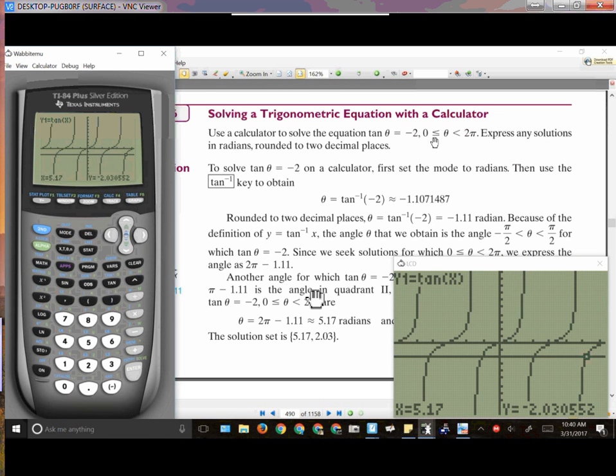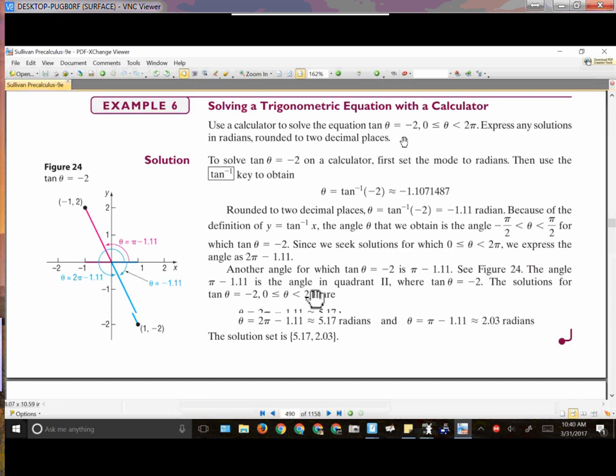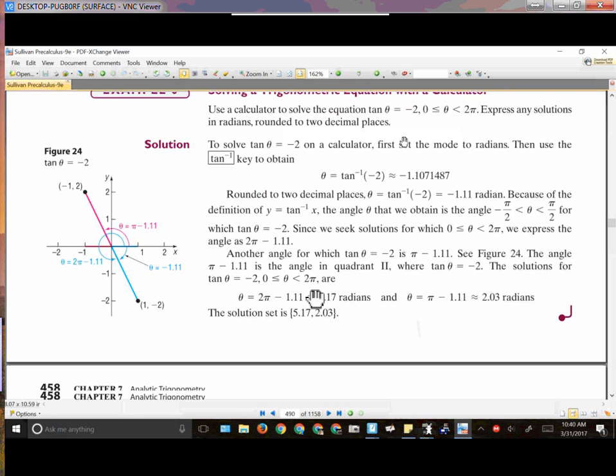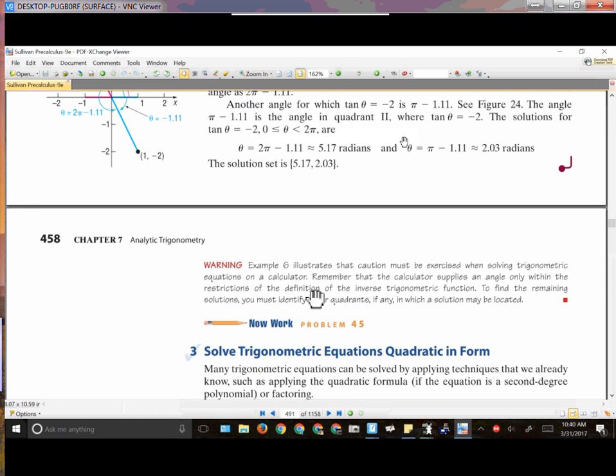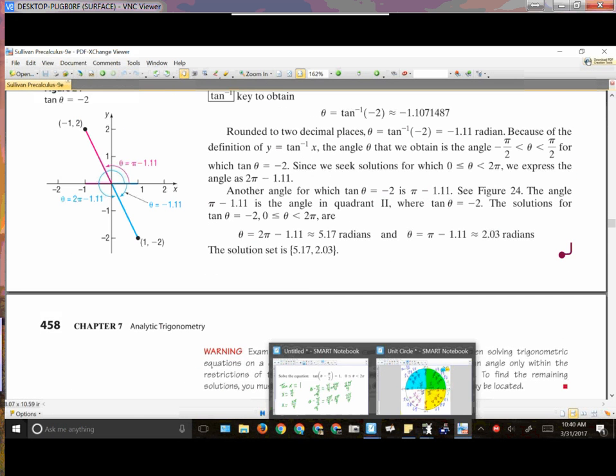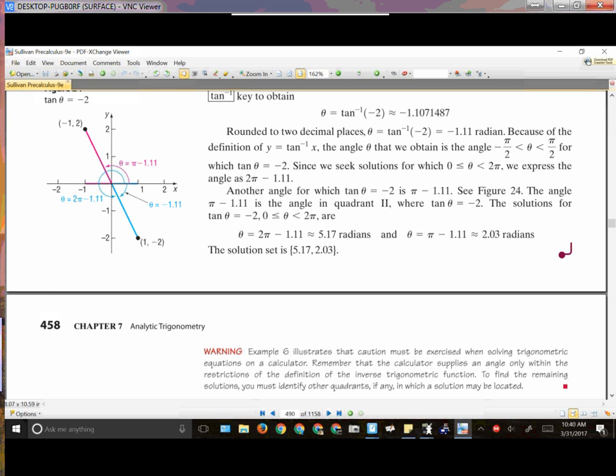So you have to be mindful of that and adjust for all the possibilities that are there. Now, it says express any solutions. So we have to take this right between 0 and 2 pi. If I had to move this out any more, I would end up putting the plus 2k pi on it if I needed to. Okay.